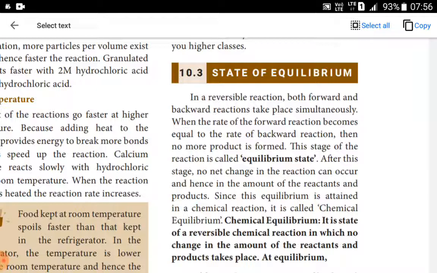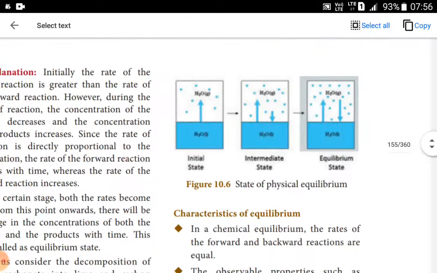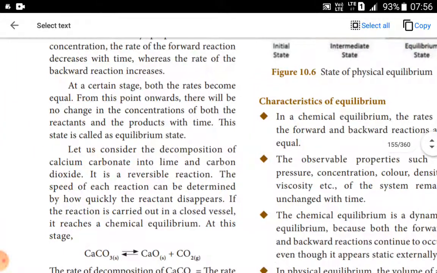It is the state of a reversible chemical reaction in which there is no change in the amount of reactants and products. That stage is called chemical equilibrium, because there is no change in the concentration of the reactants and products.